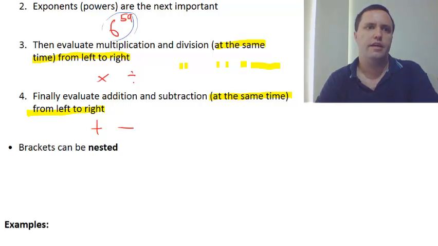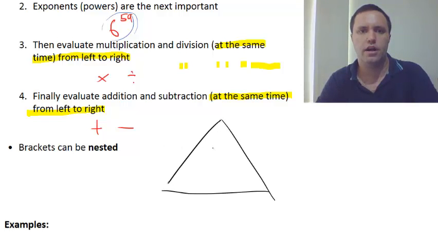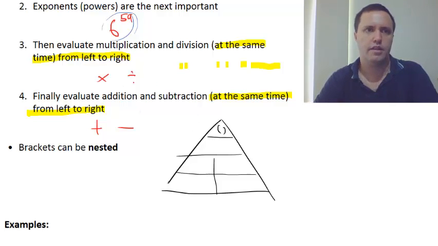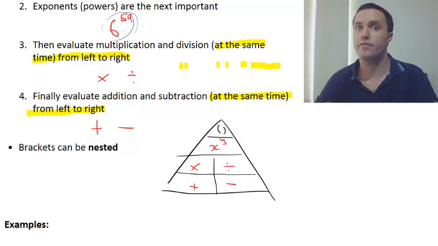So what this is going to end up looking like, our little hierarchy of operations, is that we have our brackets at the top. Then, we have our powers, x to the power of y. We have our multiplication and division, they're equal. And then we have our addition and subtraction that are also equal. Very important.